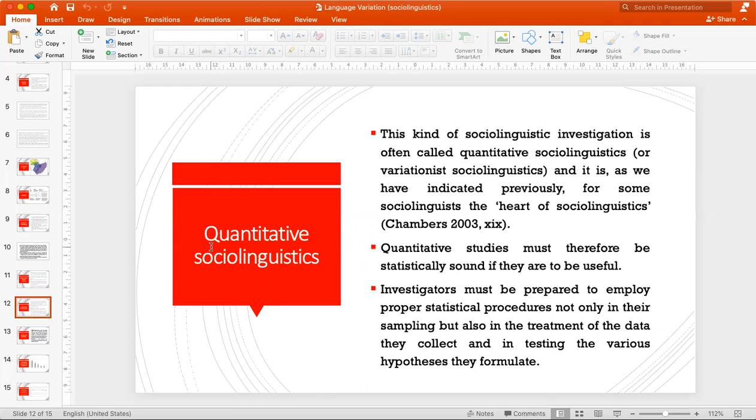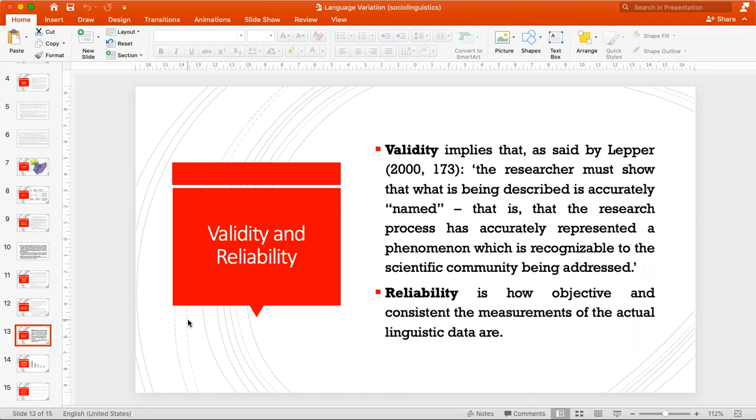Quantitative sociolinguistics. This kind of sociolinguistic investigation is often called quantitative sociolinguistics, and it is, as we have indicated previously, for some sociolinguists, the heart of sociolinguistics. Quantitative studies must therefore be statistically sound if they are to be useful. Validity and reliability.